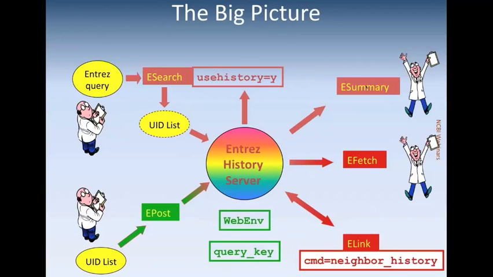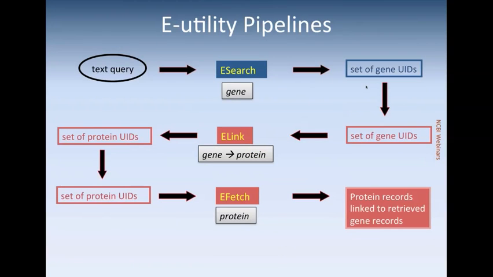So this is a point where you can see that you can develop flows and pipelines. I can start in one particular area of Entrez and move around the system and ultimately get the data that I want. For example, I could start with a text query in Gene, which might be a set of genes on a particular chromosome, or a set of genes in a particular region, or a set of gene symbols. I would get a set of gene IDs that correspond to that search term.